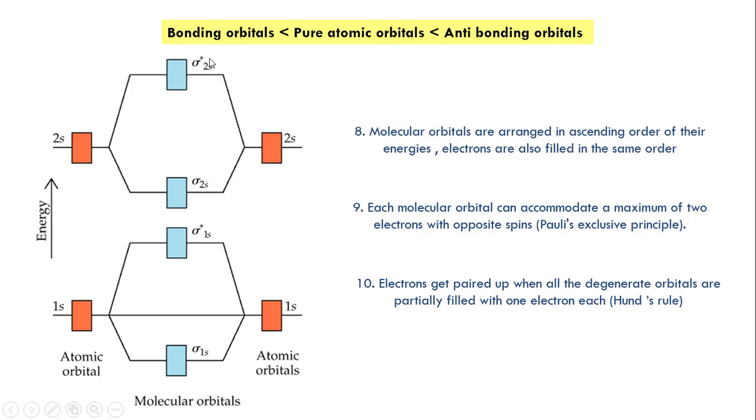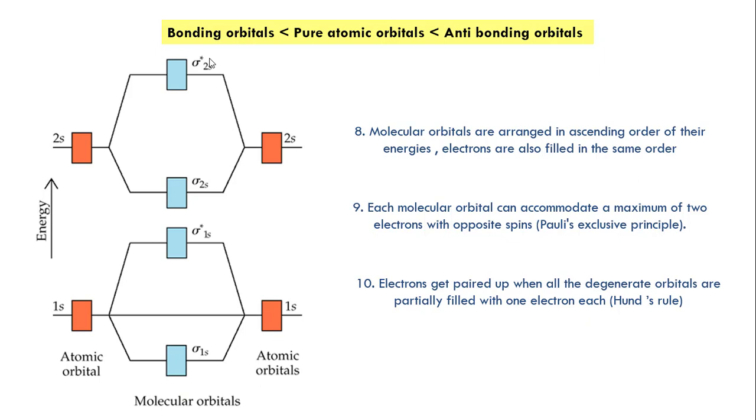So how will we write the electronic configuration for any atom? For example, carbon has atomic number 6, right? So 1s2 2s2 2p2 is the electronic configuration of carbon. In a similar way, we write this electronic configuration for the pure atomic orbitals, right?